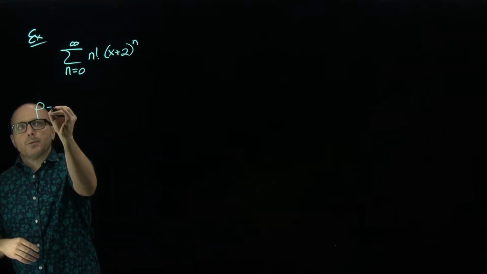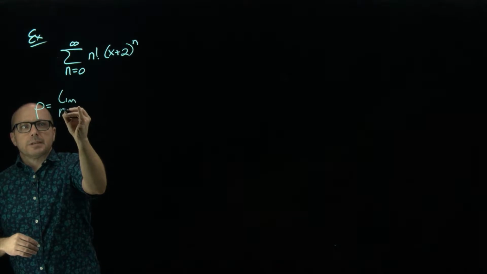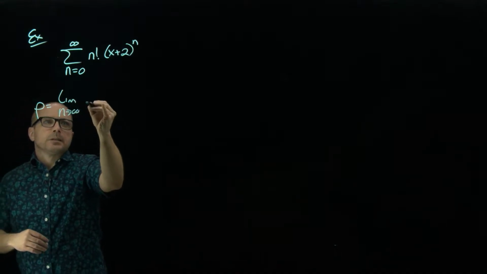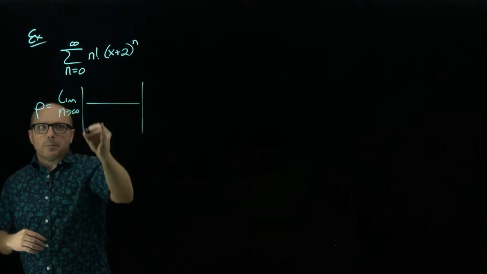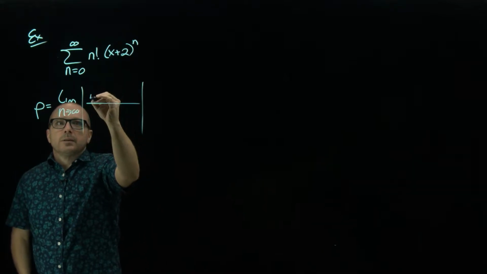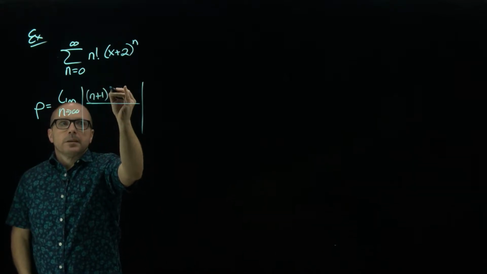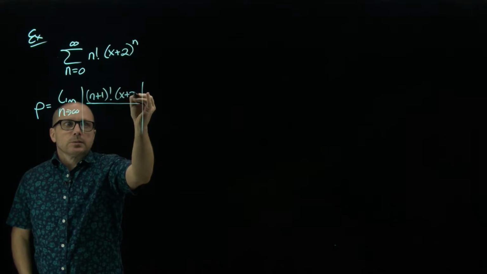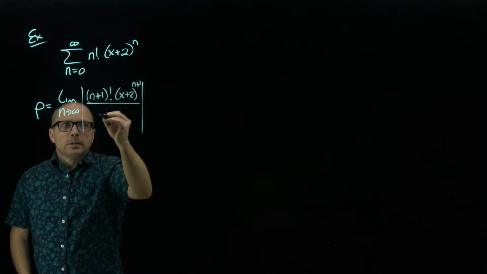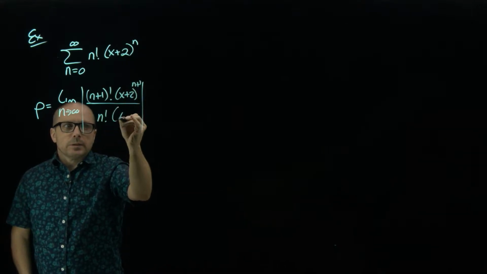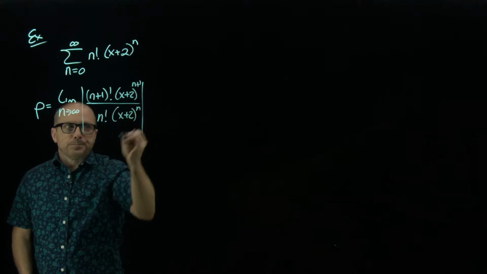There's a factorial, so that's pushing us towards the ratio test. So let's set up our rho: limit as n goes to infinity, set up our ratio in absolute value. (n plus 1) factorial times (x plus 2) to the n plus 1, over n factorial times (x plus 2) to the n.